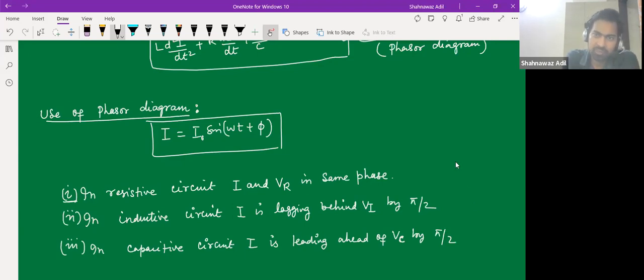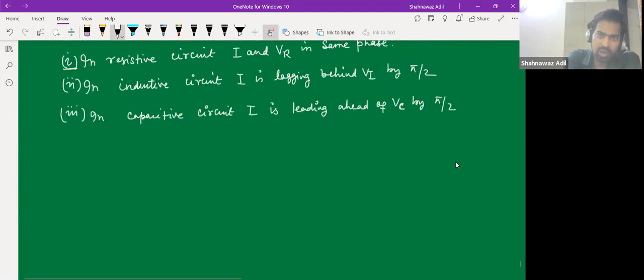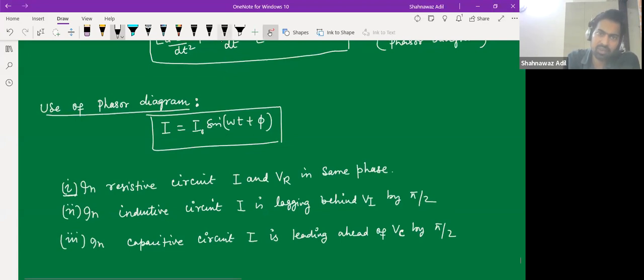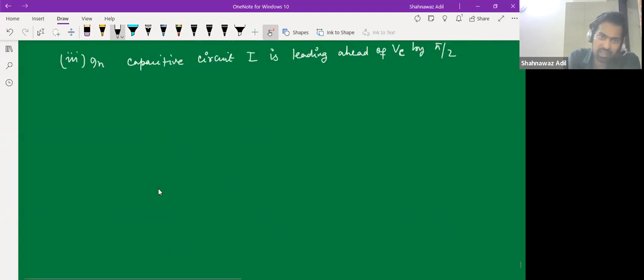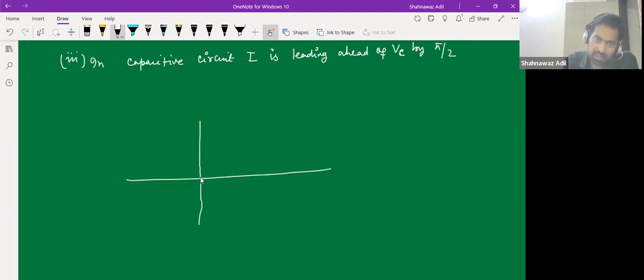So I have this current, I naught sin of omega t plus phi, and this is my current I naught.